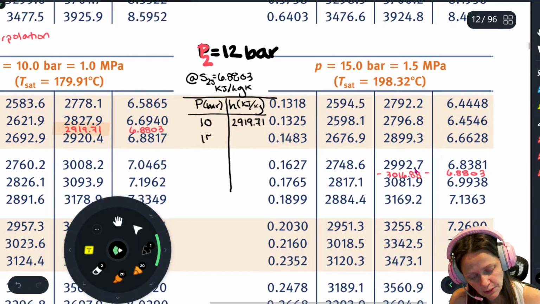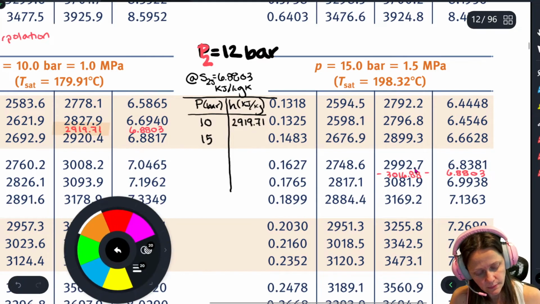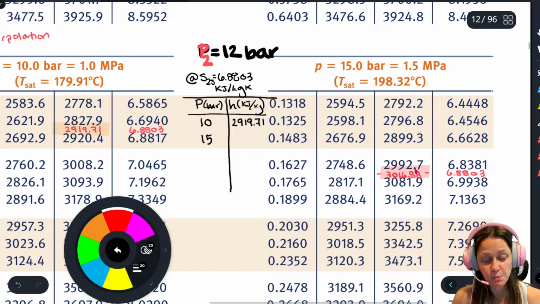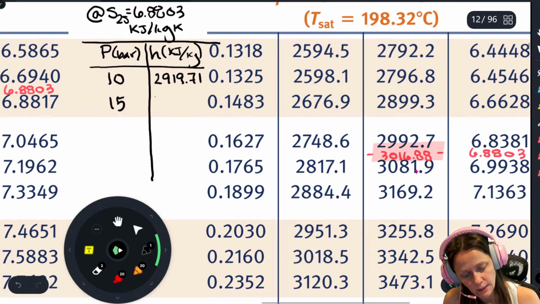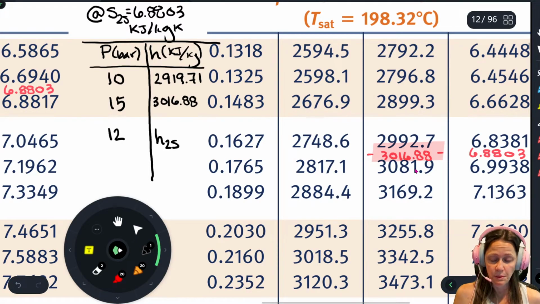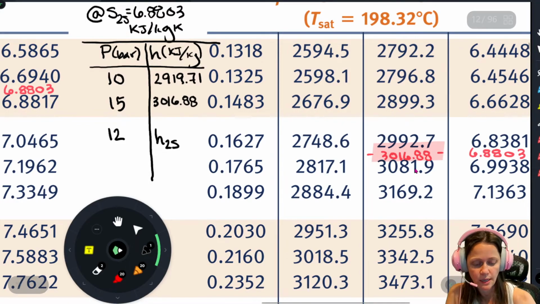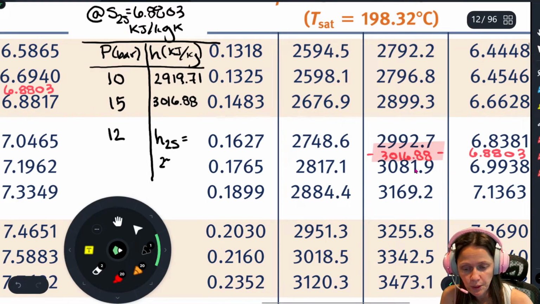At 15 bar and an entropy of 6.8803, I'd have a corresponding enthalpy of 3016.88. I am at 12 bar, and whatever value that I interpolate here is going to be my H2S, and that H2S ends up being 2958.6.